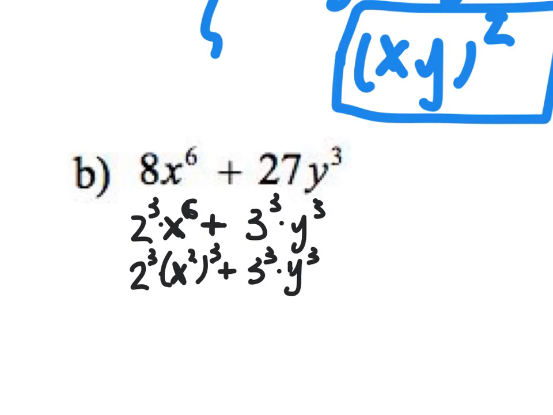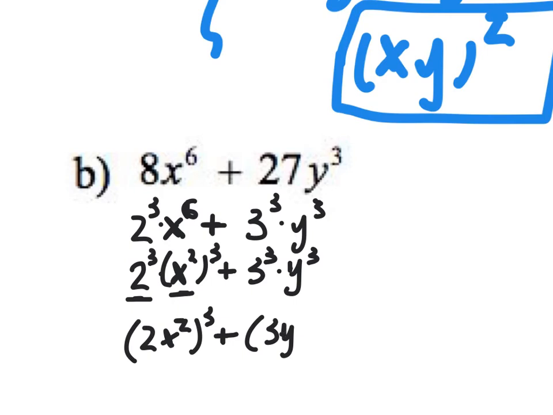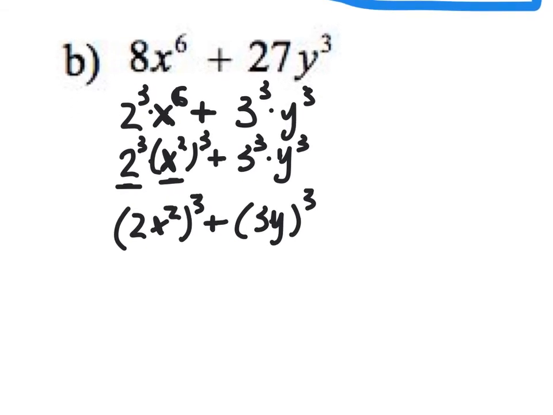So now I have something cubed plus something cubed. I can rewrite this as the quantity 2x squared, this quantity cubed, plus the quantity 3y, cubed. A lot of this I'm just applying rules of exponents. So if you're really struggling with this, then holler at me and we can talk about our rules of exponents and how I'm rewriting this.